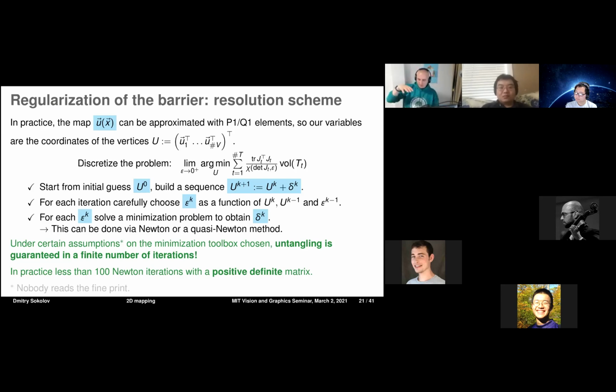In our theorem, you do not have to find the global minimum. It's a simple example of an idealization of the minimization toolbox. For us, it's sufficient that the value function f of u_{k+1} is inferior to (1 minus sigma) times f of u_k, where u is the position of the vertices.